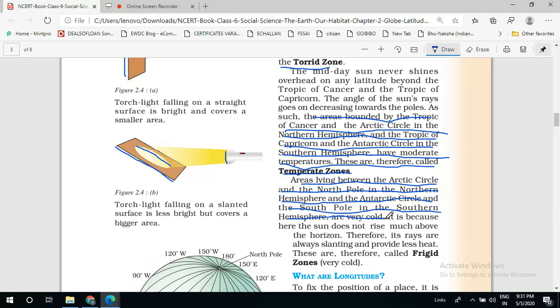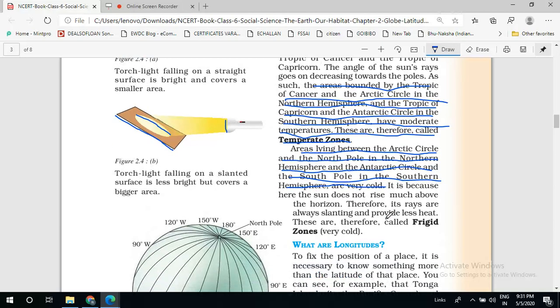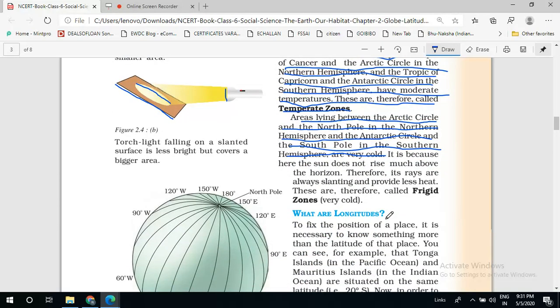Okay. So now we are proceeding further. We have discussed latitudes. We have discussed different heat zones. These heat zones are occurring because the sun is not falling in the similar way on all the latitudes of the earth.